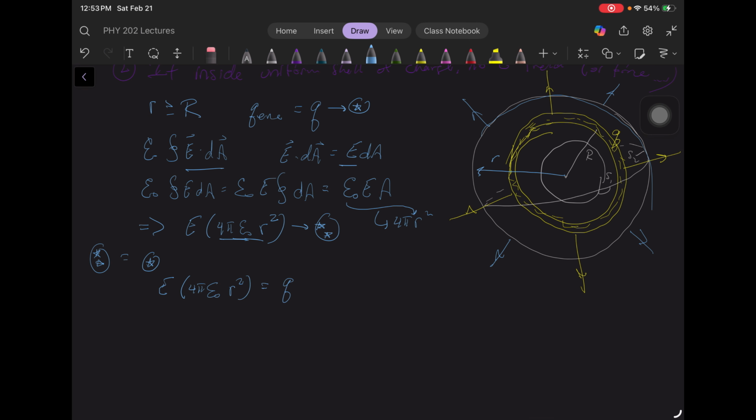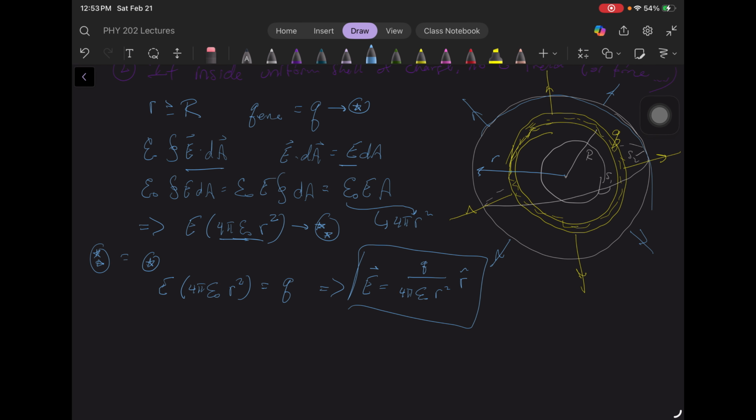Solving for E. Wait, how in the world did that line just come out of nowhere? And so we get E is equal to Q over 4 pi epsilon naught r squared. And if we want, we already decided this was going to go in the r hat direction. And wow, look at that.